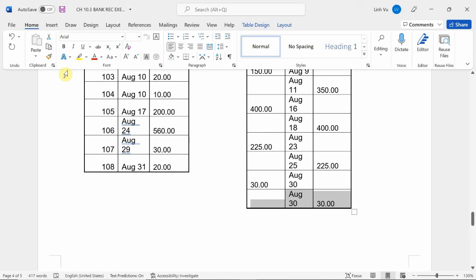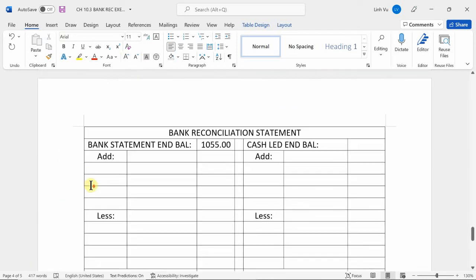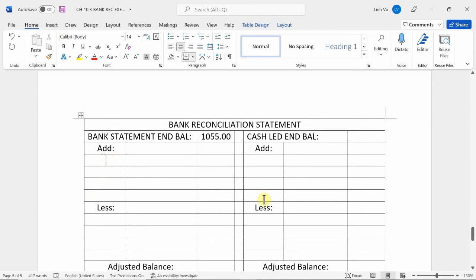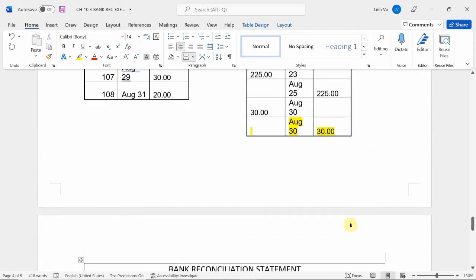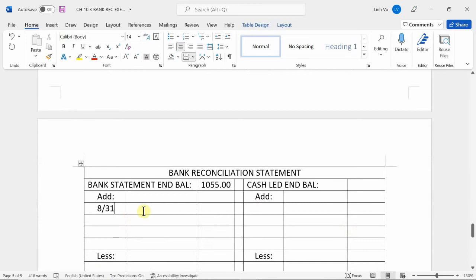I'm going to highlight it so you know I'm missing this amount right here. I'm missing $30. So that's exactly what I'm going to put in here: a deposit on August 30th for $30.